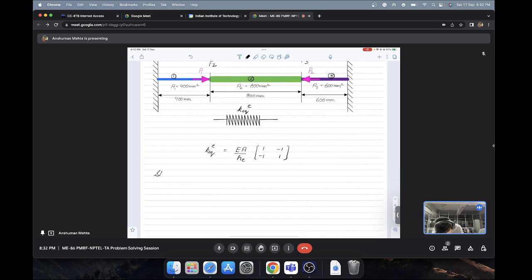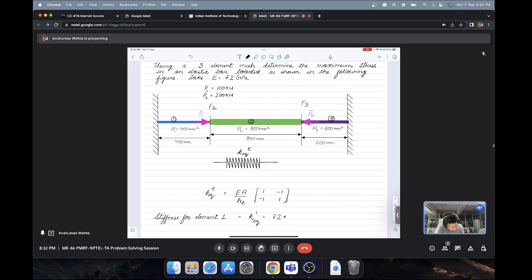Here we are finding the stiffness for element 1. So EA by HE, which comes out to be, so the values are given.